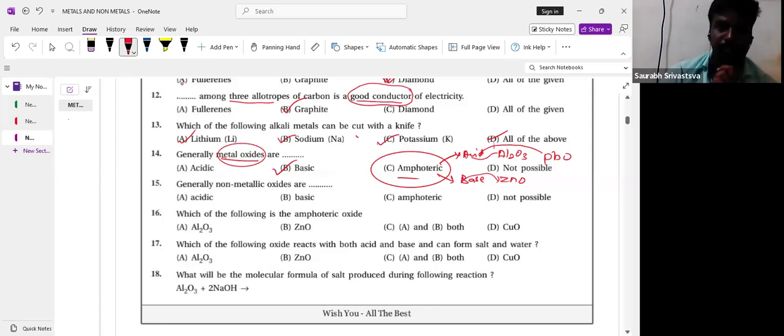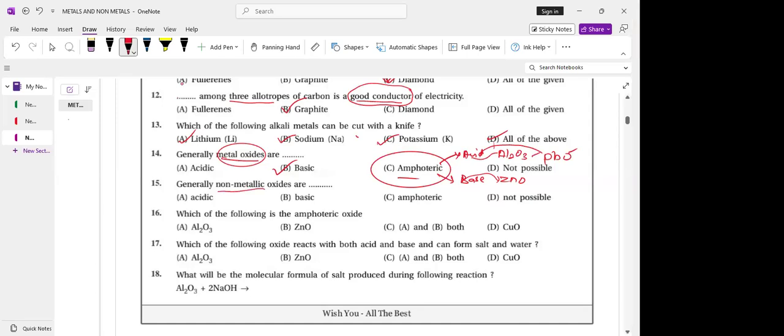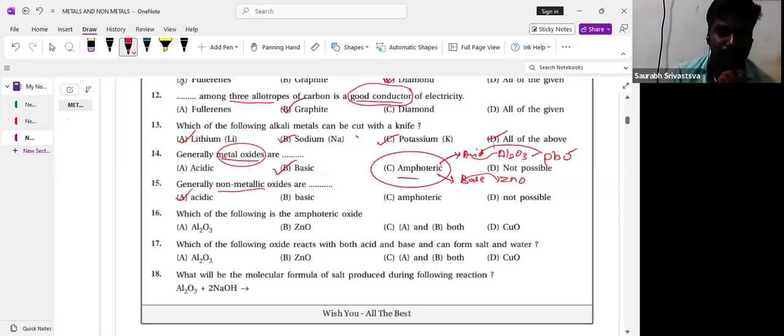Clear, sir? Suppose they ask, among the following, which is an amphoteric oxide? And if they give these examples, you need to select them. And next, generally non-metal oxides are acidic in nature. Okay. And if they give neutral oxides, which one will you select?